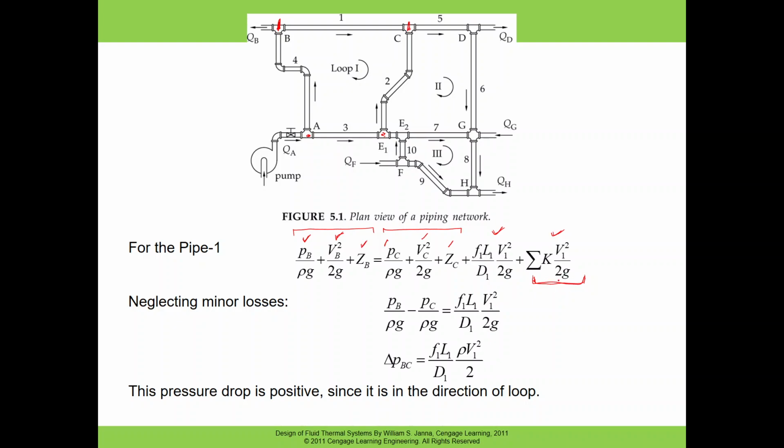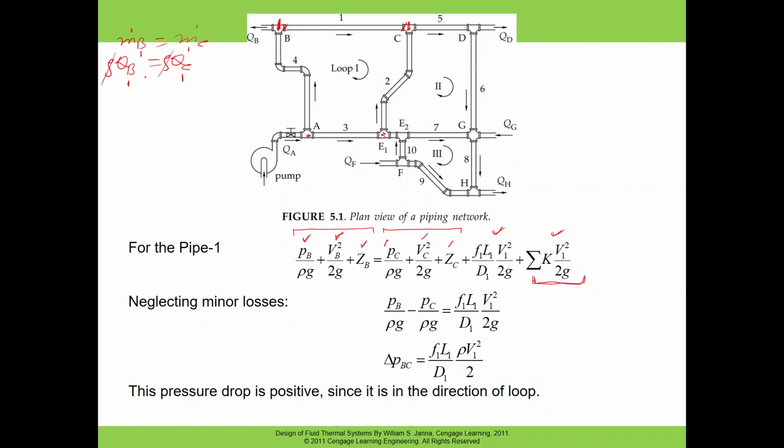When we ignore the minor losses, we know that the velocity just at the inlet of line number 1 and just at the exit of line number 1 will be the same, because the cross section is the same, by the principle of continuity. The mass flow rate at B for line 1 equals the mass flow rate at C, multiplied by the density.